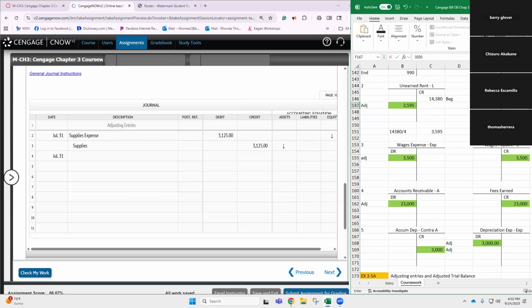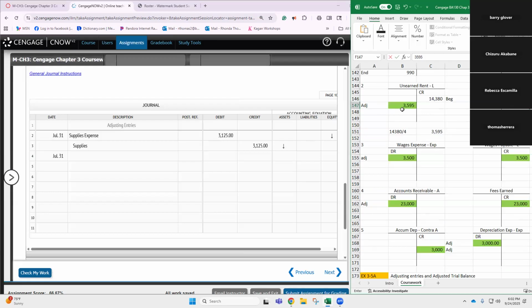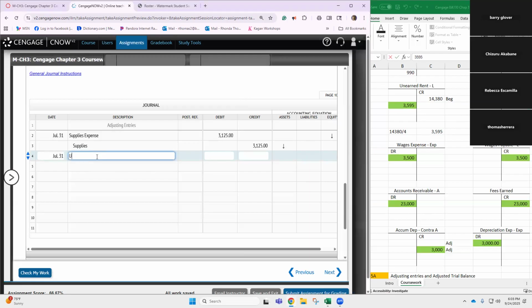So we now get to reduce that liability and record the revenue. So we're going to get unearned rent for a debit of 35.95 and rent revenue for a credit of 35.95. Okay. So we have analyzed it right here with these two T accounts. So here we go. Unearned revenue.